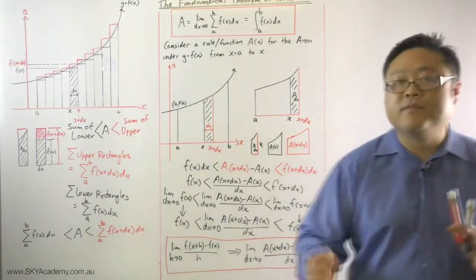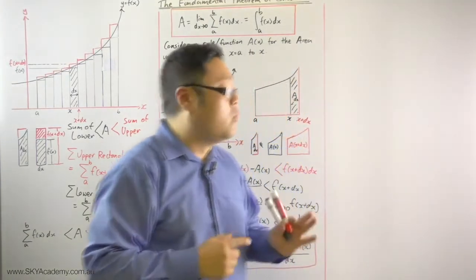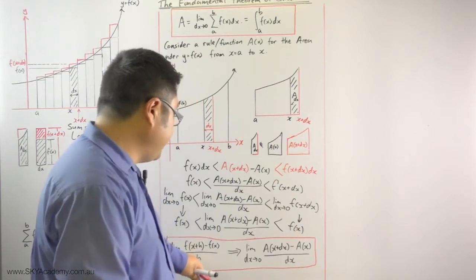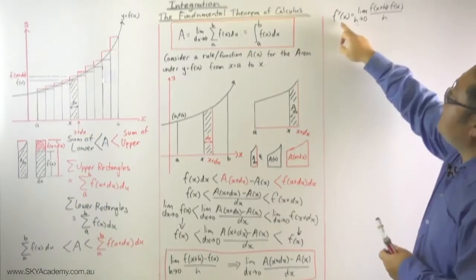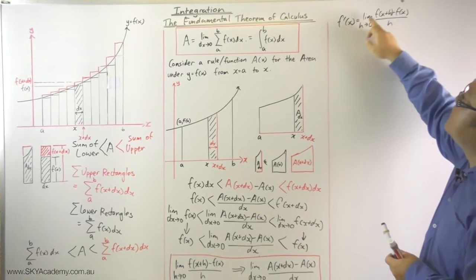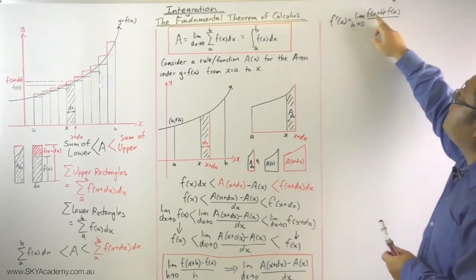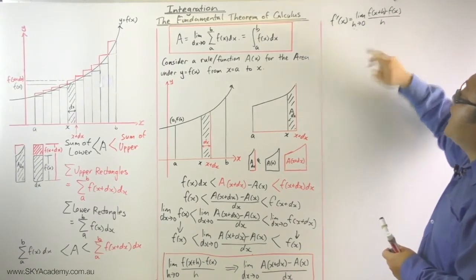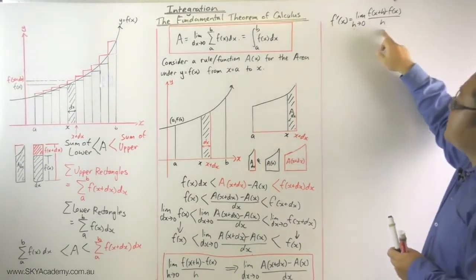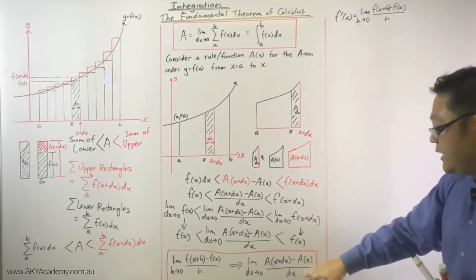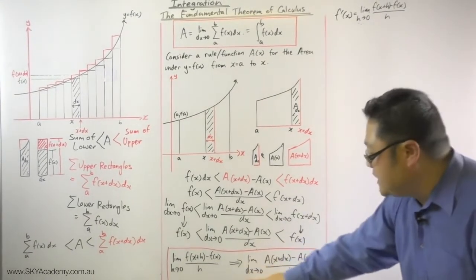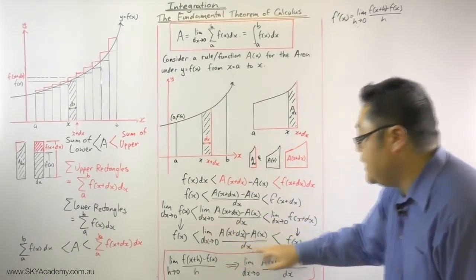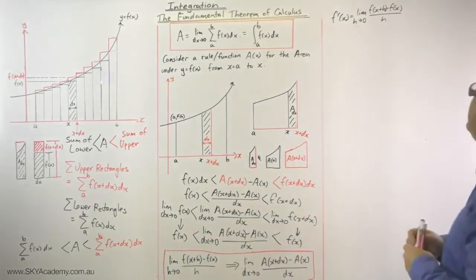So in other words, let me just use this side of the board now. What we've got is f dash of x is equal to the limit as h approaches 0 of f of x plus h minus f of x over h. While that's equal to that, what you've got over here is this bit here equaling f of x.